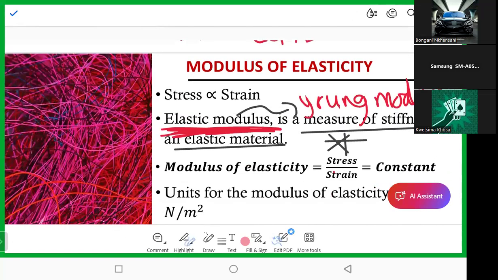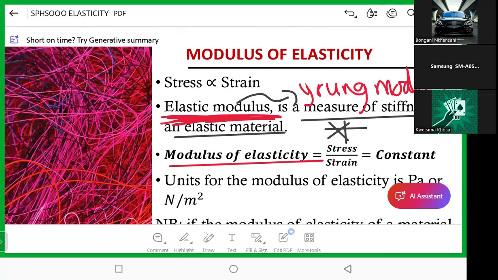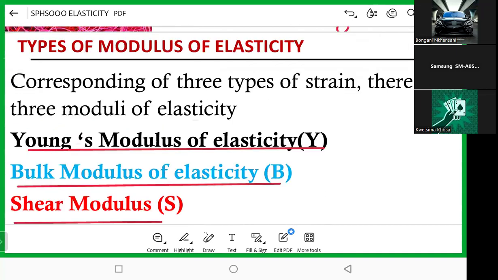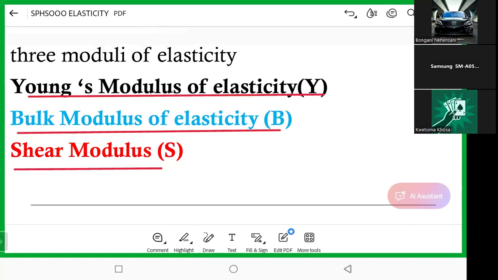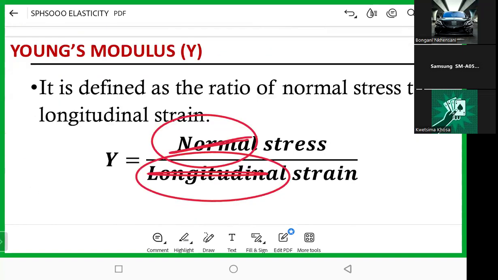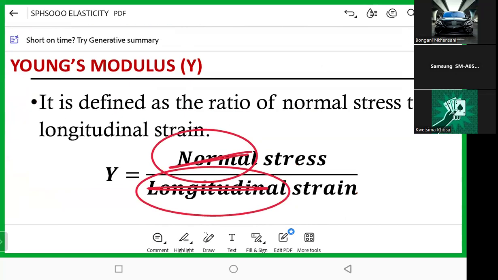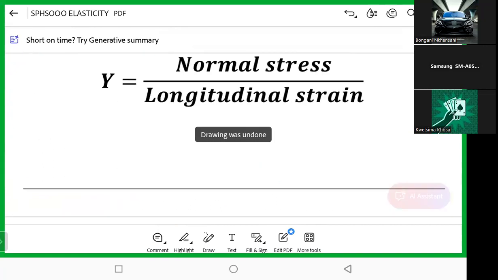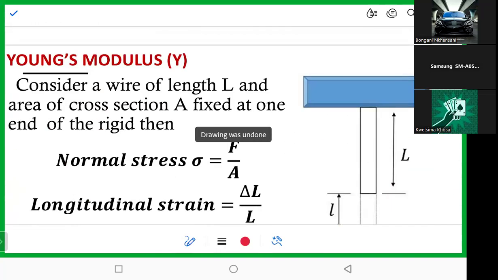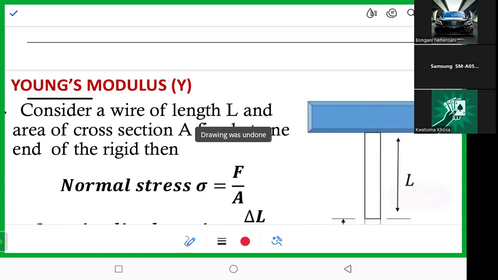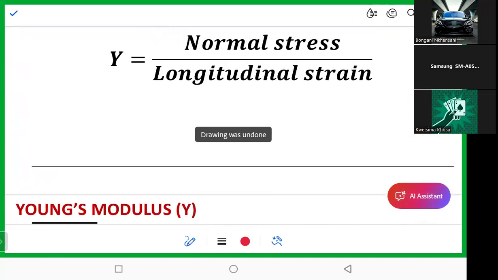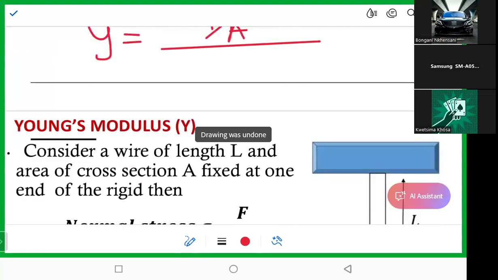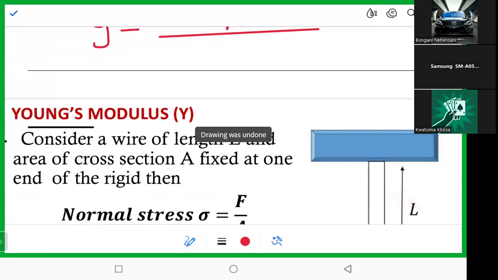Y is equal to stress, which is force per unit area, all over strain, which is change in L over L. That's the formula for longitudinal strain, for Young modulus.